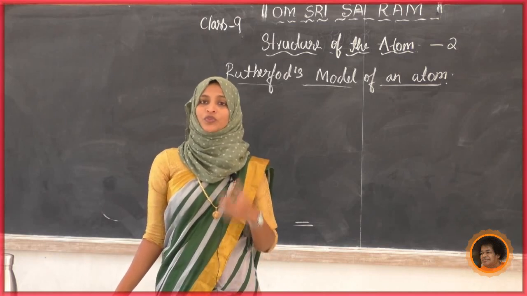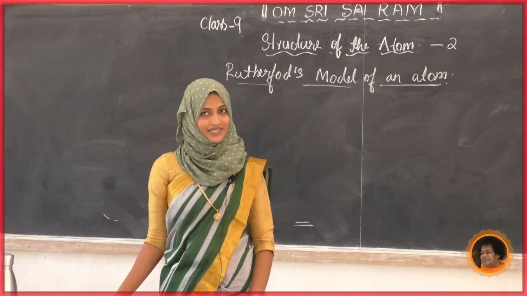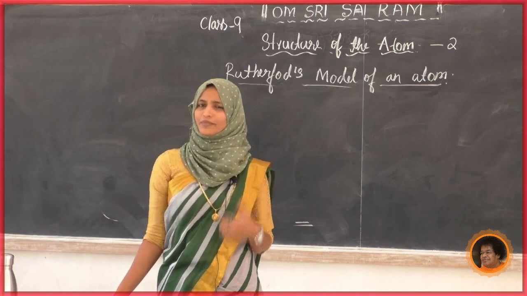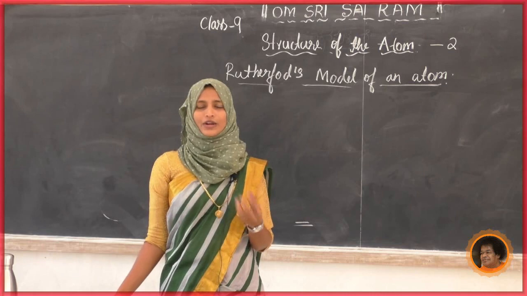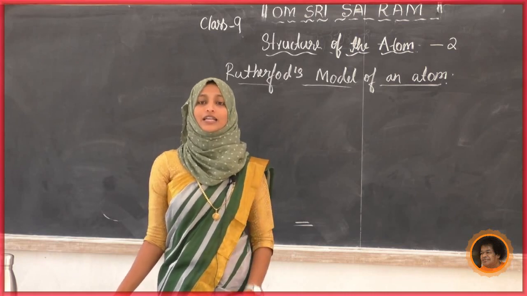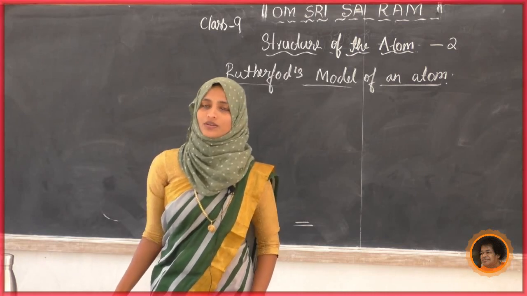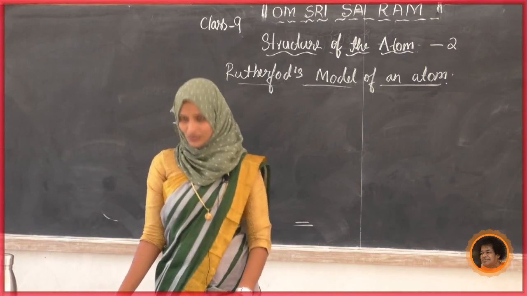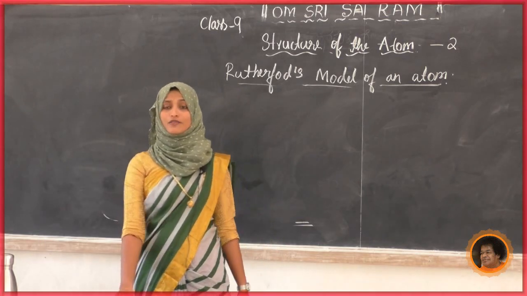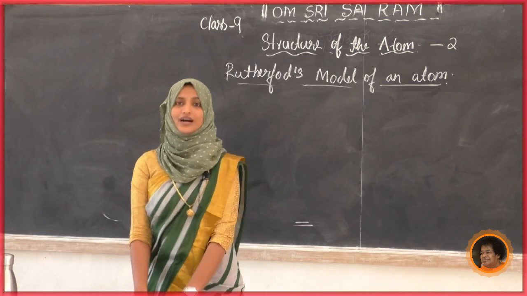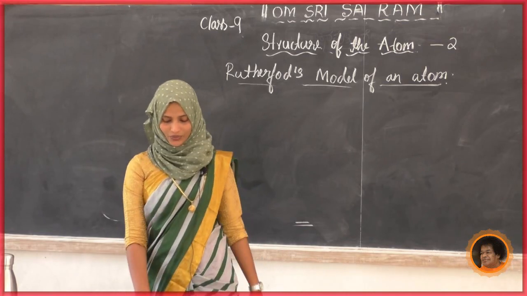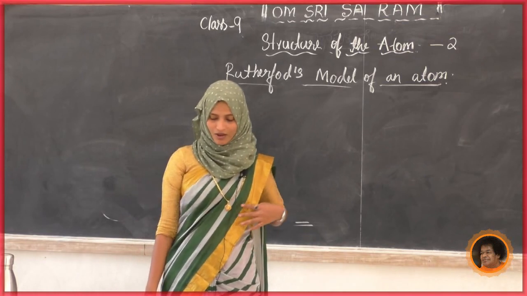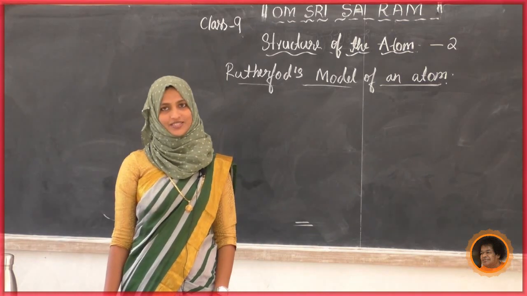He is one of the great chemistry scientists. He had a number of achievements in radioactivity and more, including prizes such as the Nobel Prize. He is called the father of nuclear physics.